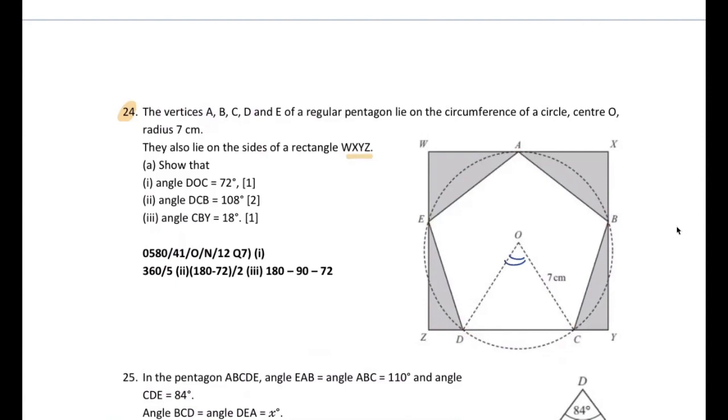Would you agree that we have a radius of 7? So OD also represents a radius of 7. What can we say about the triangle ODC? What type of triangle is this going to be? Isosceles. Yeah.